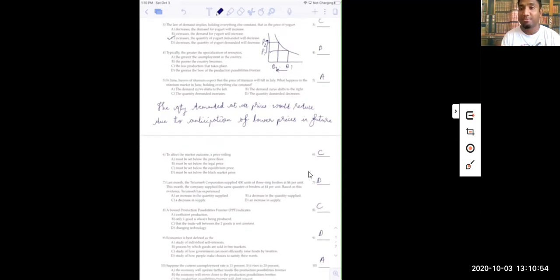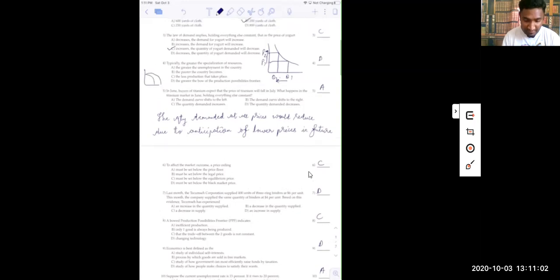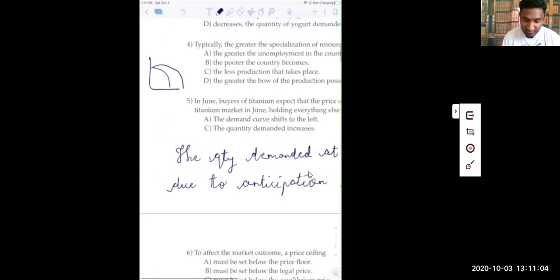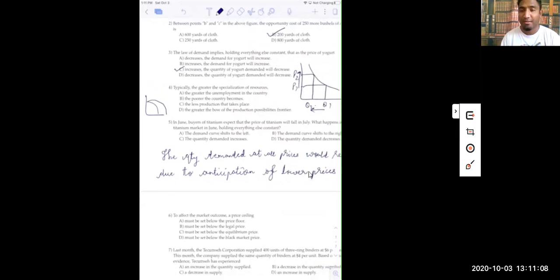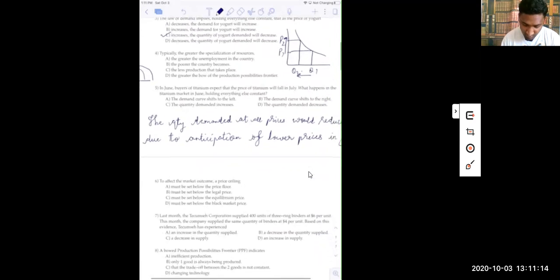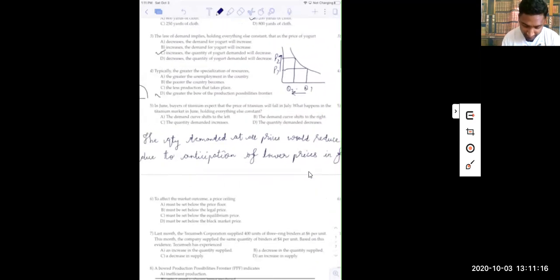So your production possibilities frontier will fan out like this. The production possibilities frontier will fan out once you specialize more. Specialization means that you're able to produce more of the same good. So the answer here is D.